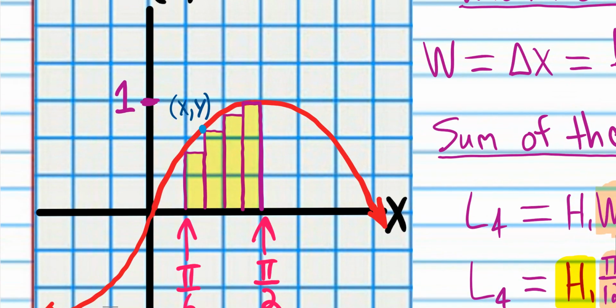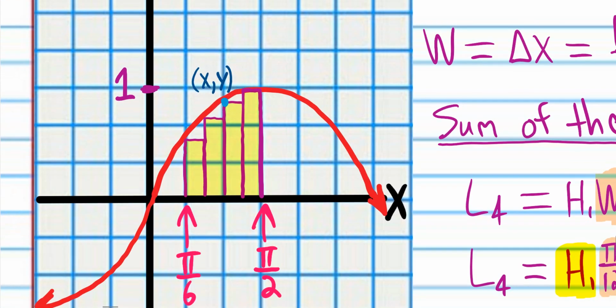So now we do the same thing for the third rectangle. And if you have the idea here, you can just go forward. You don't need to listen to all this. But we have to find the x value of that point. So we count out pi over 6, then we add pi over 12, then we add another pi over 12, and that gets us to the x value of that point.